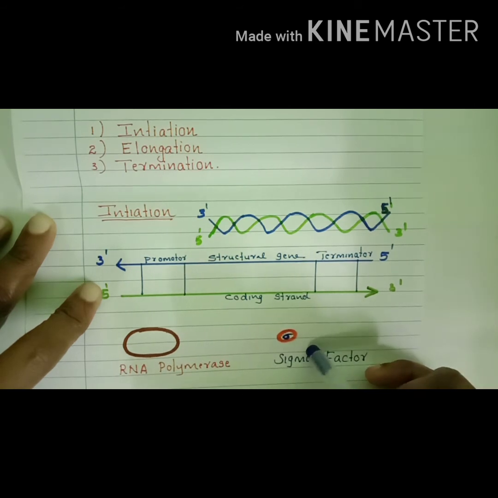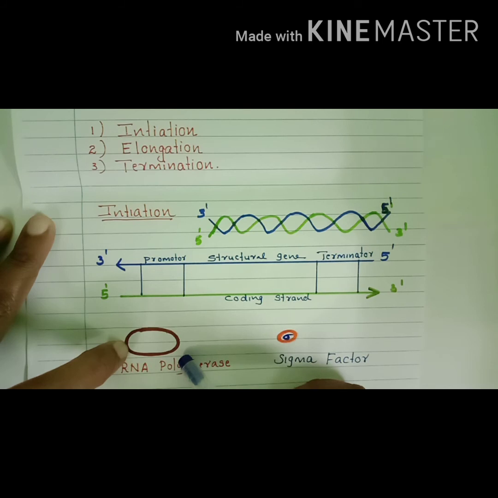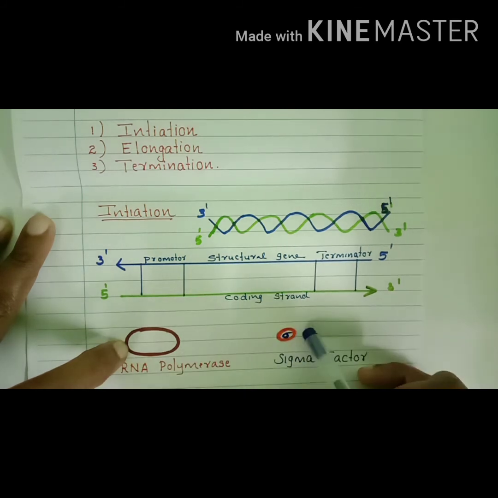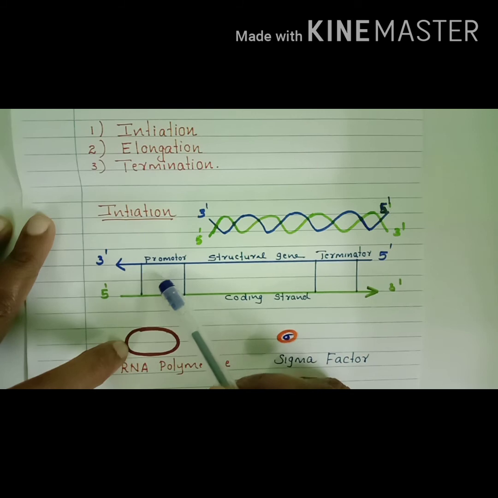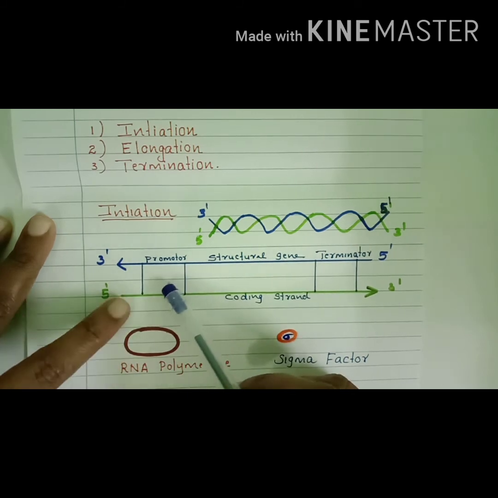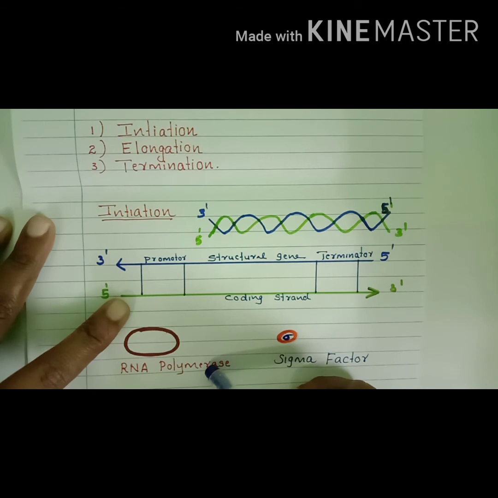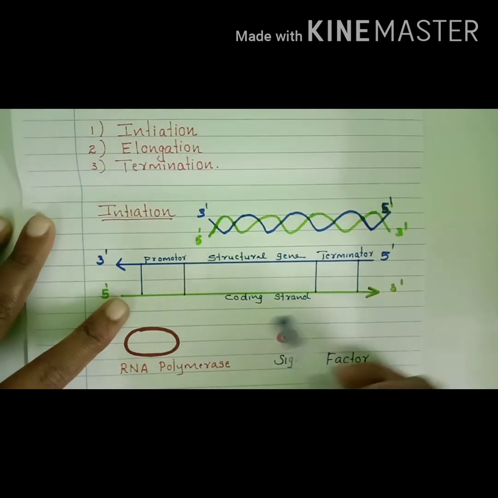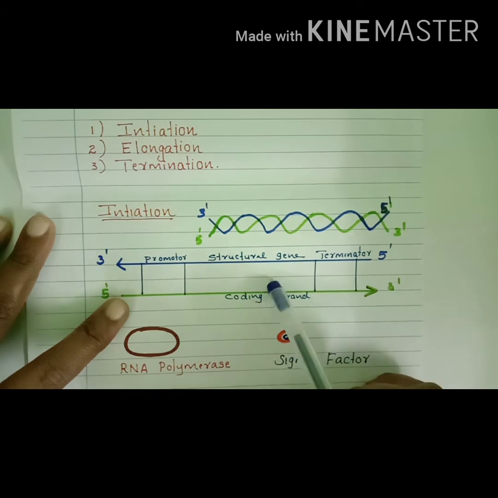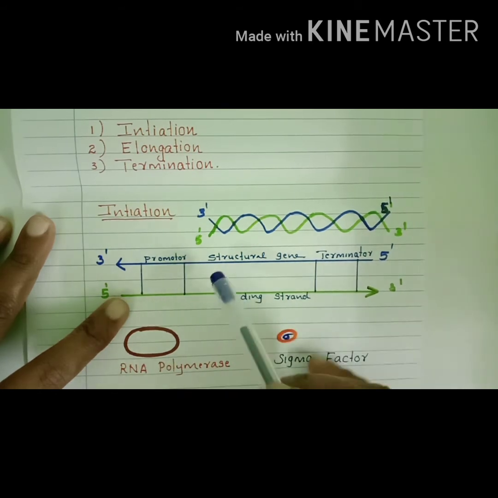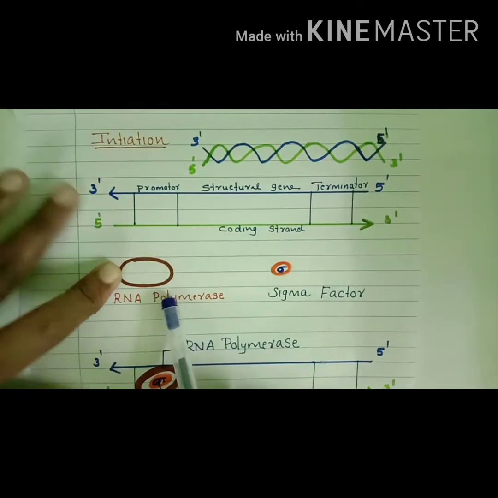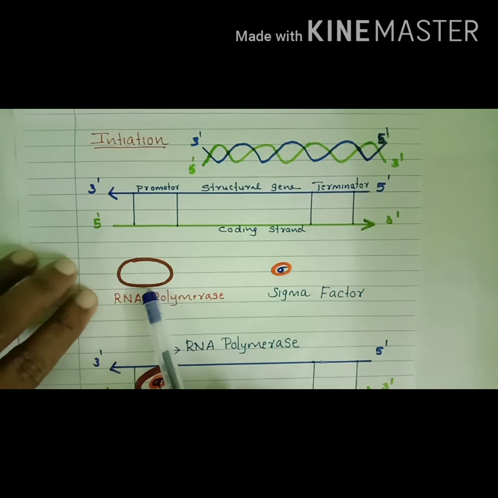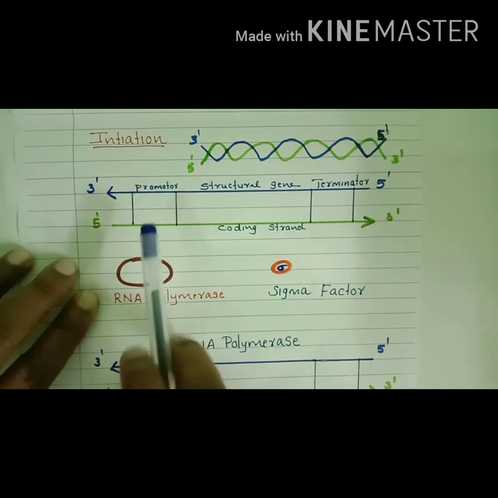This sigma factor will bind with the RNA polymerase enzyme because it is very important for the enzyme to bind with the promoter site. In order to identify the promoter site, RNA polymerase requires the help of sigma factor. So before starting transcription, sigma factor will bind with the RNA polymerase enzyme, and after that, RNA polymerase can bind with the promoter site.